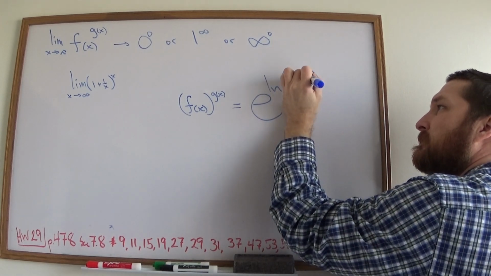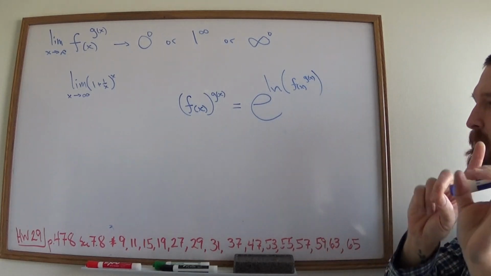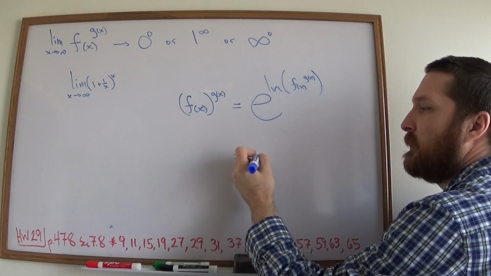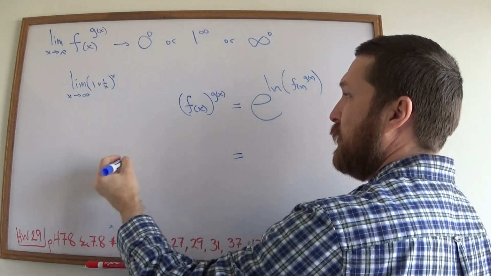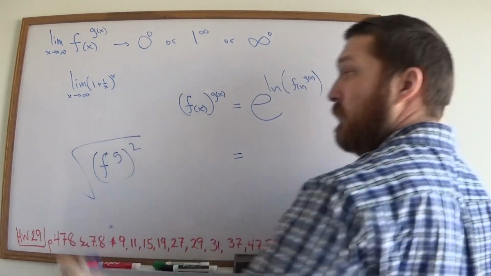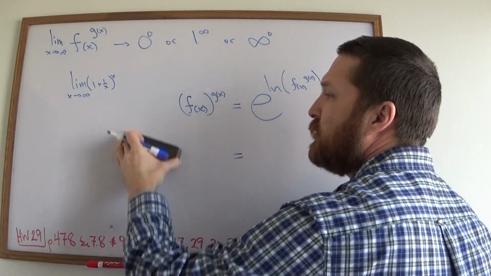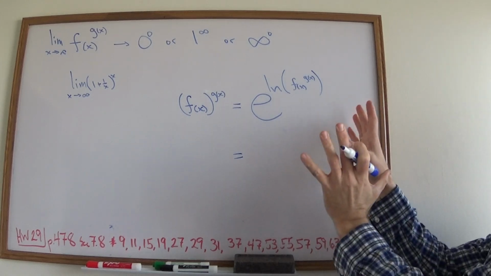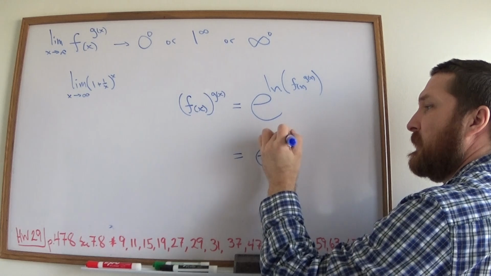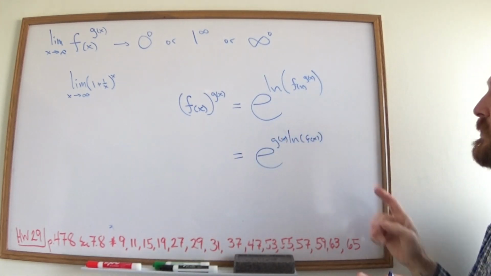Now, I could have said that's the same thing as f to the g squared square root, but it doesn't help, right? So I'm choosing to take this way because it's going to help me, because log has that nifty property that this happens.